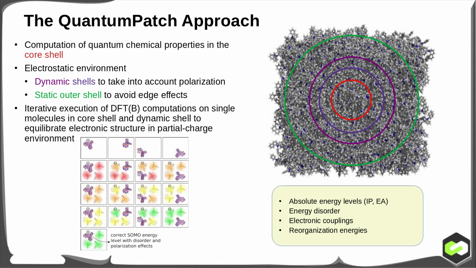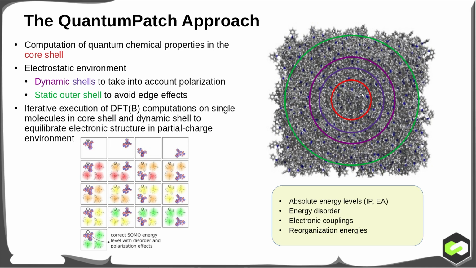For molecules in the dynamic shells, we also take into account polarization effects. So molecules in the dynamic shell are equilibrated, also taking into account the surrounding molecules, while the molecules in the static shell are computed in vacuum to generate an environment for the dynamic shell.